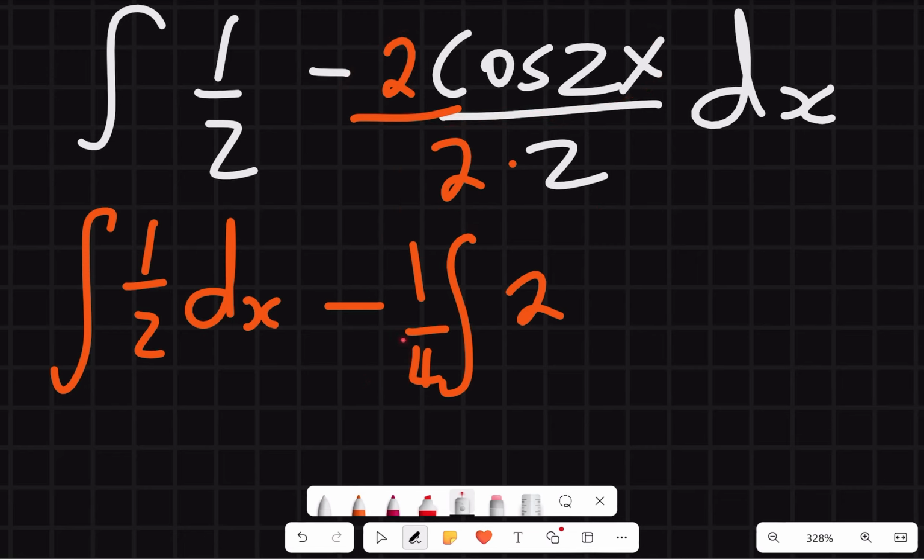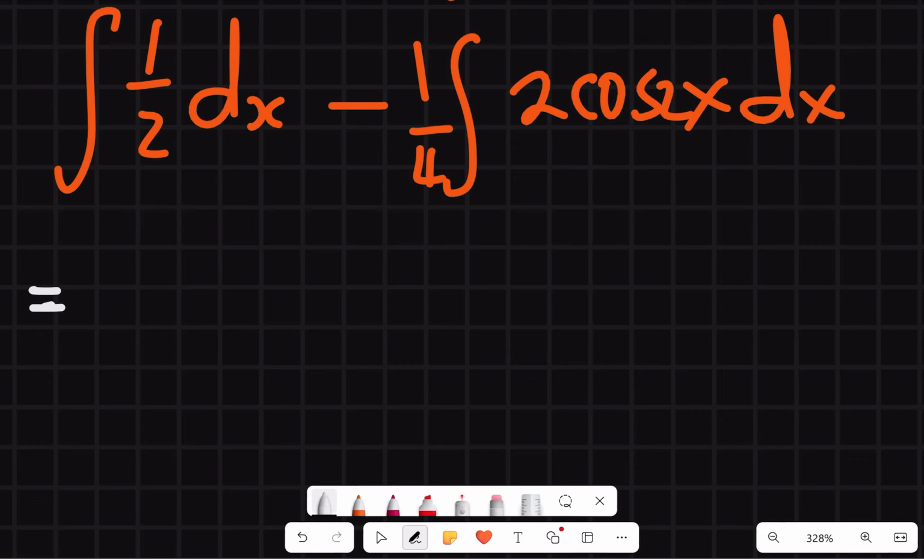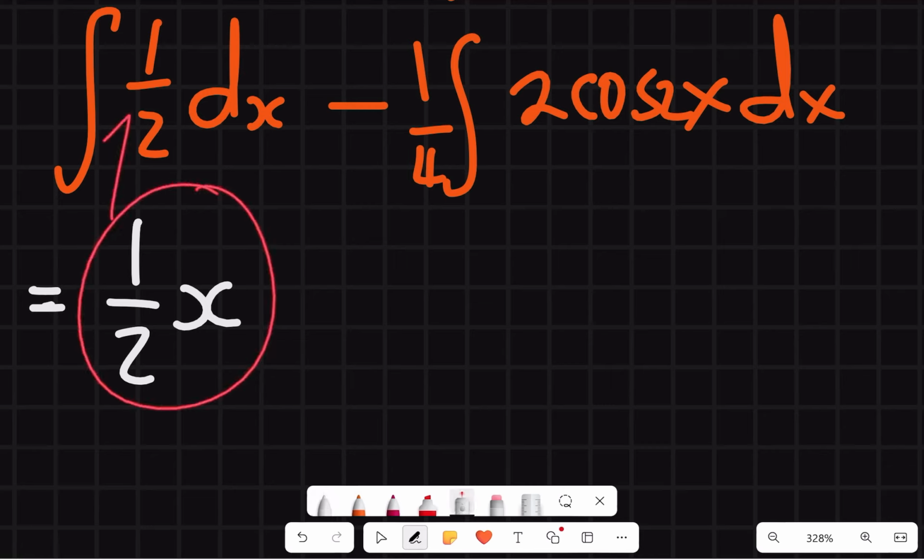So I have 2 cos 2x dx. All right. Now here I'm going to have equals to, remember here you just introduce an x. And I always check myself. I know that the derivative of this must give me that, which is true. So I know that that is fine.